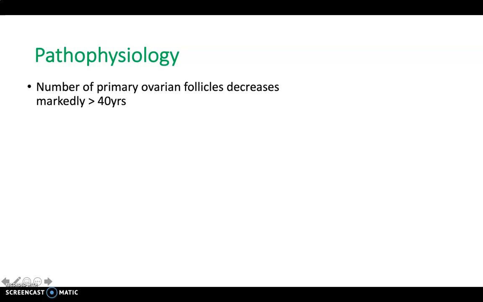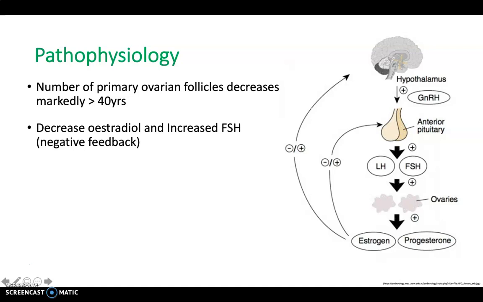So the pathophysiology of menopause. The number of primary ovarian follicles decreases markedly after the age of 40. And this then leads to a decrease in estradiol and hence an increase in FSH due to the negative feedback loop in the hypothalamic pituitary gonadal axis, indicated on the right.